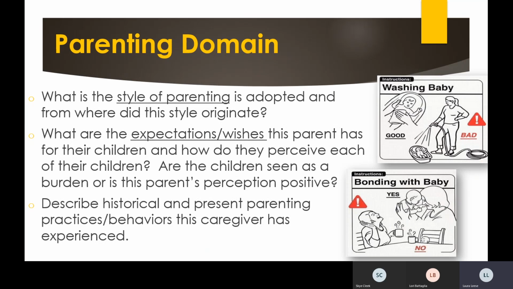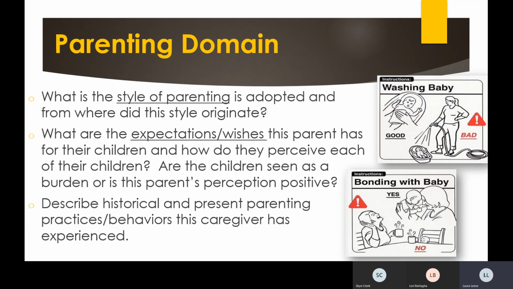Are their children seen as a burden, or is this parent's perception of their child positive? This parenting domain section also describes historical and present parenting practices and behaviors that the caregiver has experienced.